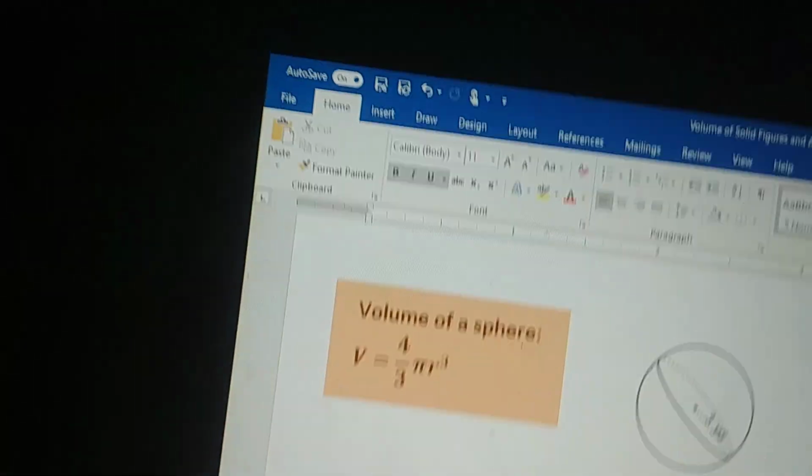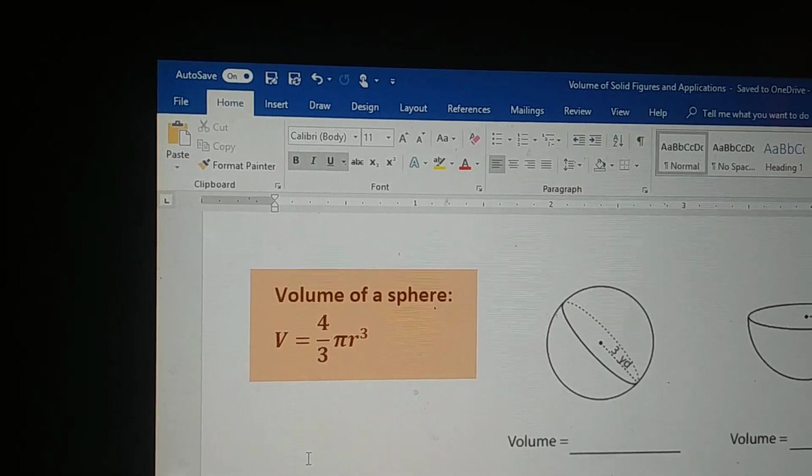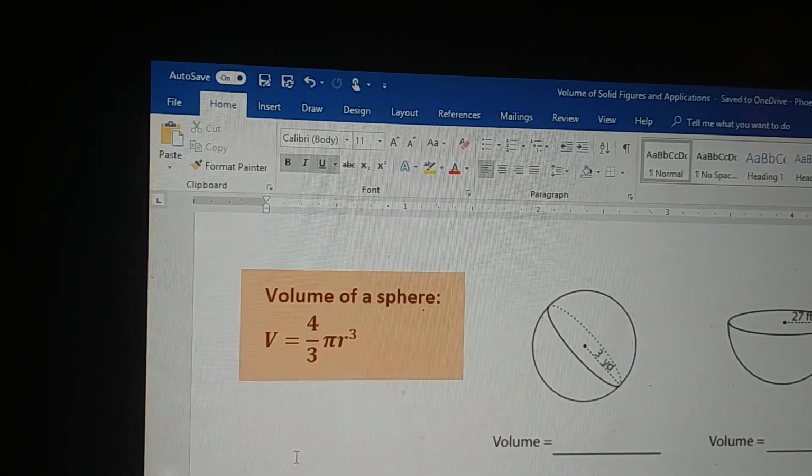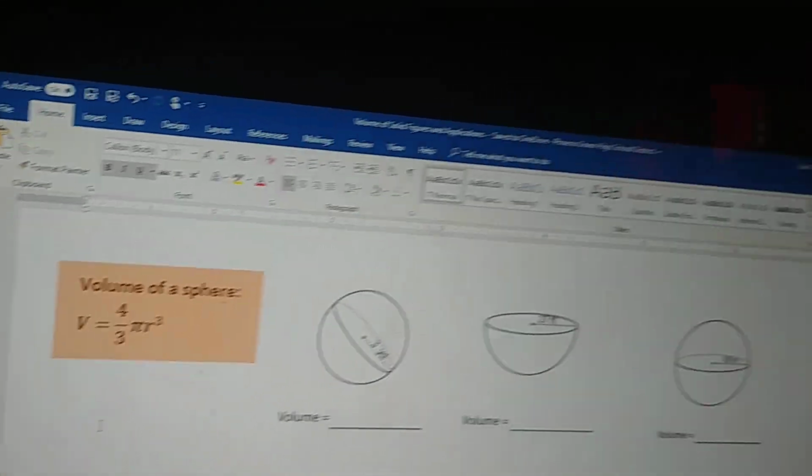Now I'm going to go on and do the volume of a sphere. So volume of a sphere, this is new, and I wrote you the equation on your worksheet. Volume equals 4/3 pi times radius cubed.